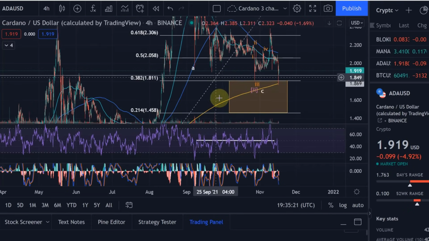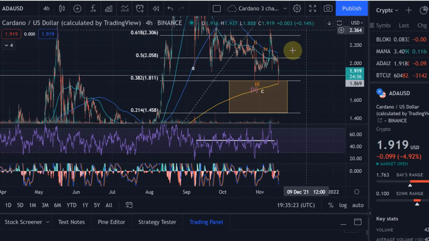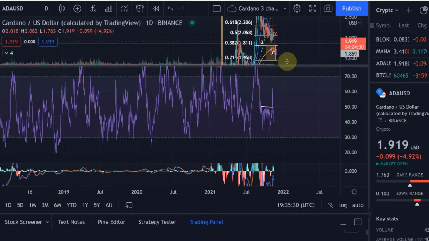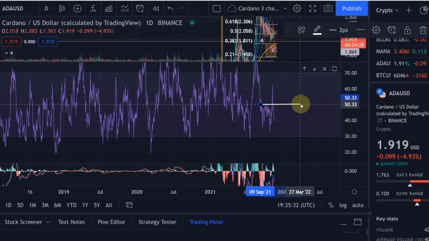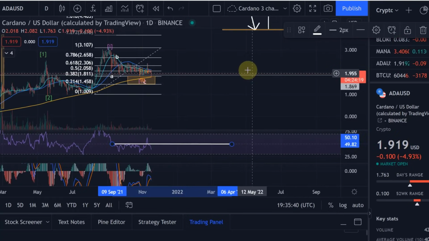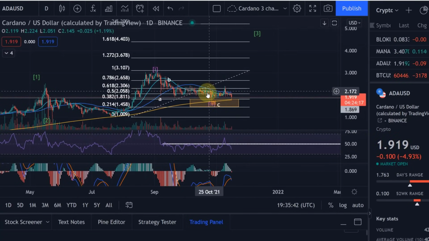So if that is now turning around finally, to really get a confirmation about that, I also want to see us getting above the 50 level of the RSI on the daily. We tried it, that was a fake out, but this is an important level, the 50 level, especially for Cardano, and I explained that before in other videos. And to really get a confirmed breakout here, I really want us to get above the 245 level. There's quite a bit of work to do to get to that.